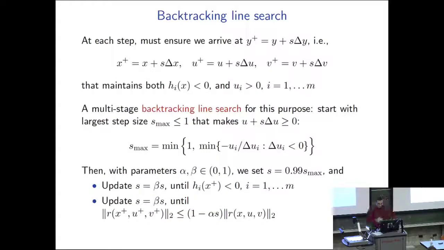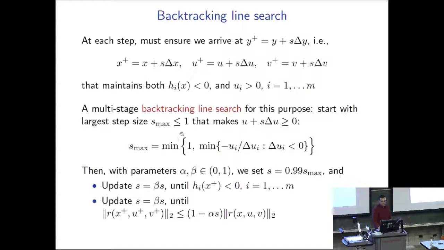Okay, so what does backtracking look like? We're going to choose a value of s, move each of our primal and dual variables in their appropriate directions by an amount s, and we want to make sure that we keep hi of x strictly less than 0 and ui strictly larger than 0. And we use something called multi-stage backtracking for this. So first we find the largest step size, and we're doing Newton steps here, so the biggest step size that makes sense is 1.